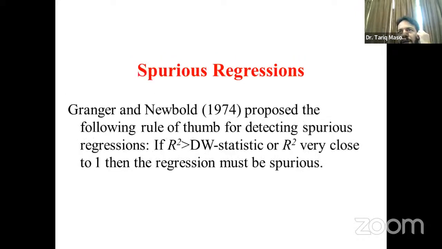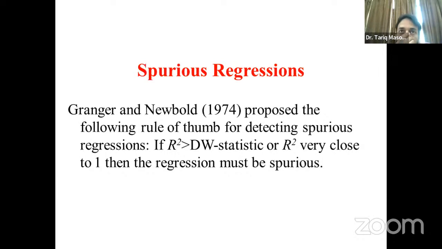So that means if the presence of a unit root is causing spurious regression, there is a need to detect that, and a need to repeat that, because it's a very serious problem.